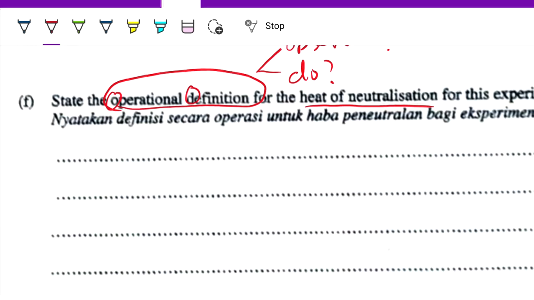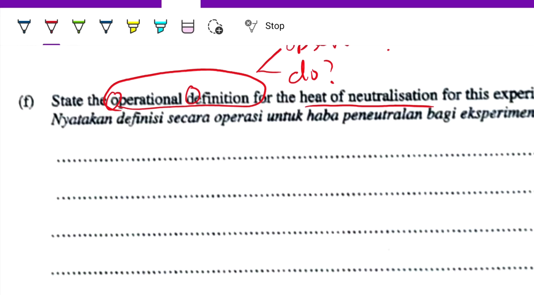Normally, the heat of neutralization is the temperature change when 1 mole of water is formed from the reaction between the acid and alkali. What is observed here is a temperature rise. What you do in this experiment is acid is added into the alkali to form water.